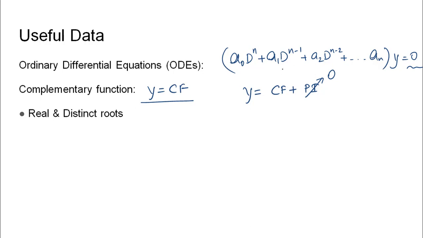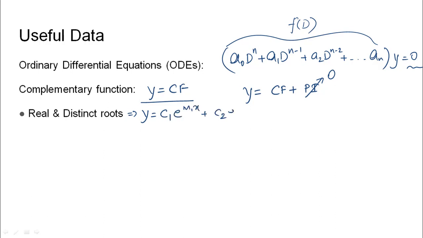When we solve this equation, which can be said as f of D, we may get real and distinct roots. For those cases, y is given by c1 e power m1x plus c2 e power m2x, where m1 and m2 are the roots and c1, c2 are constants.